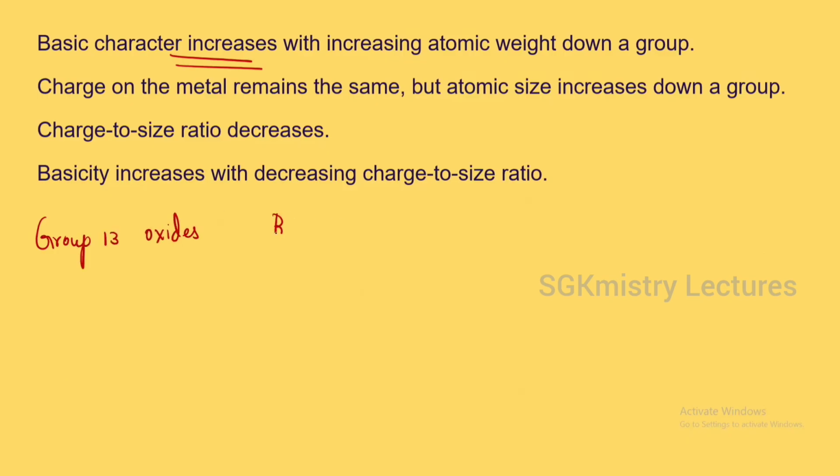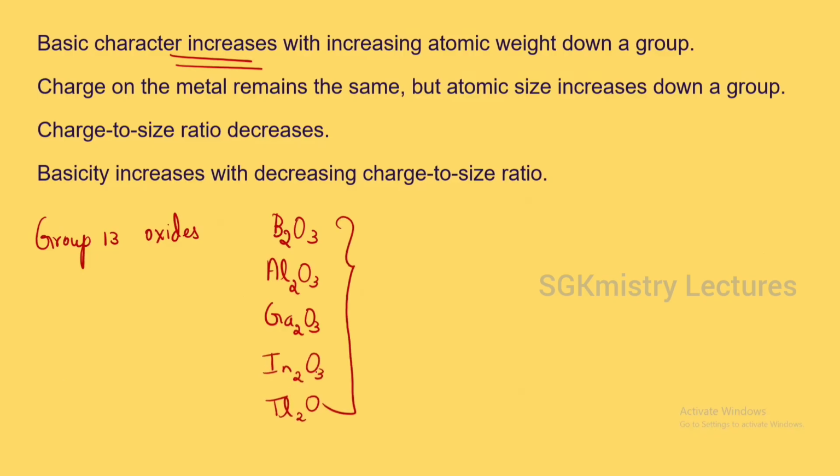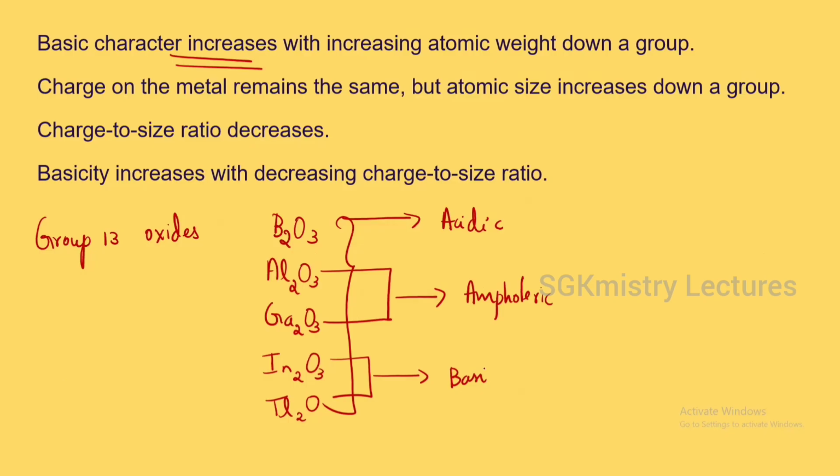We have B2O3, then aluminium oxide, then gallium oxide. Next we have indium oxide. Here, B2O3 is acidic in nature. These two, aluminium oxide and gallium oxide, are amphoteric. And the last two, if I'm considering, are basic in nature.